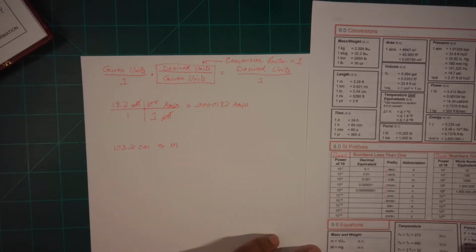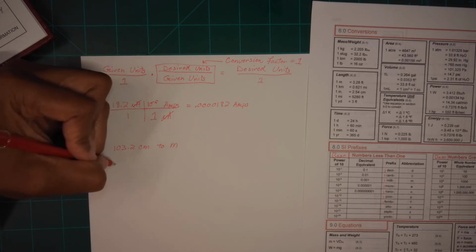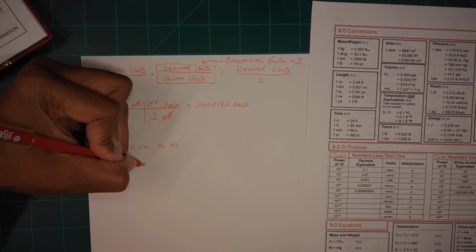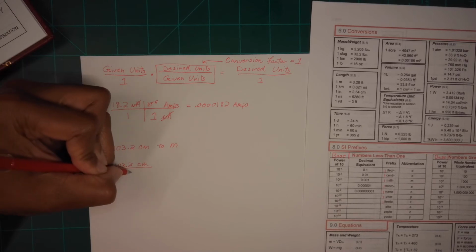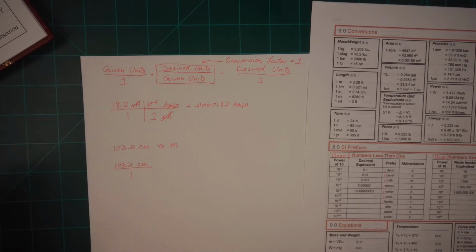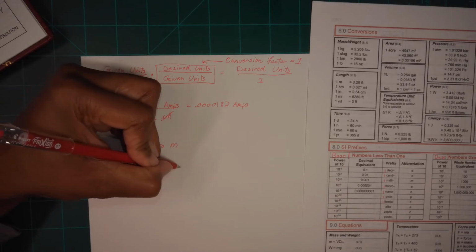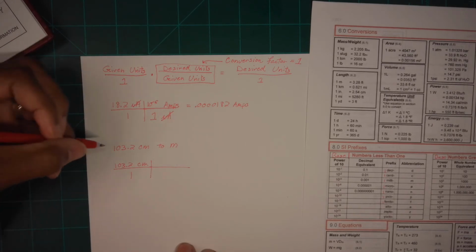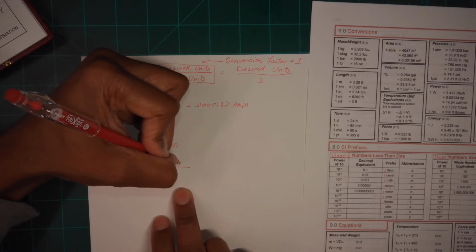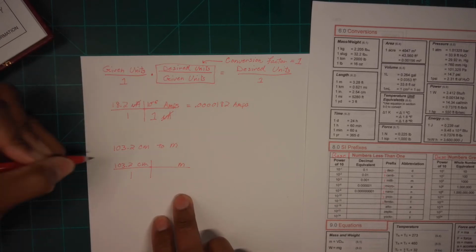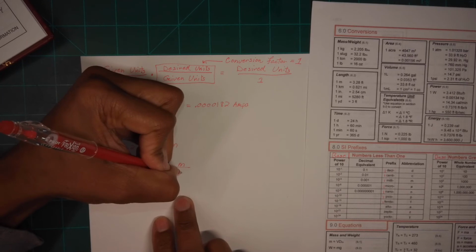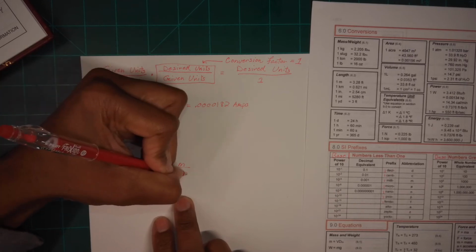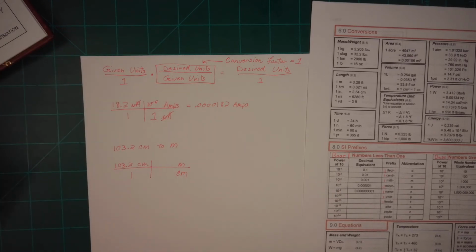Again, 103.2 centimeters is my given unit, and we want our desired units, which is meters, in our numerator, and our given units in our denominator.